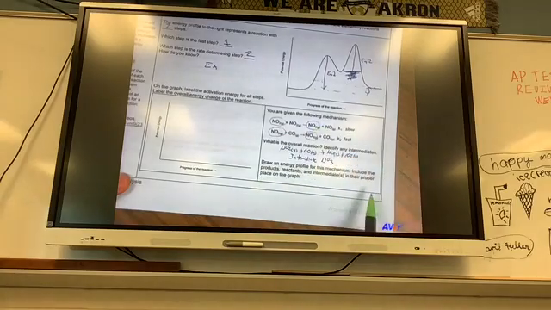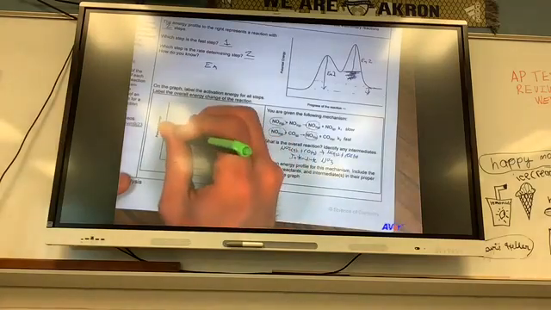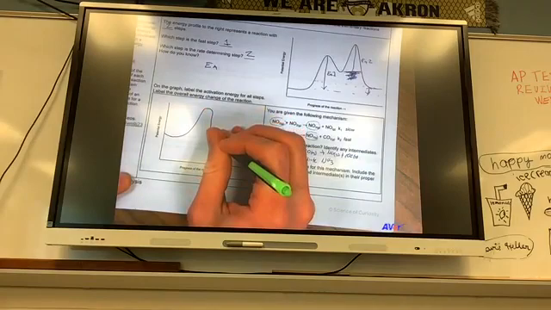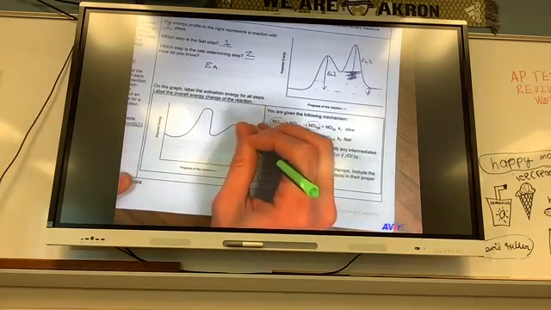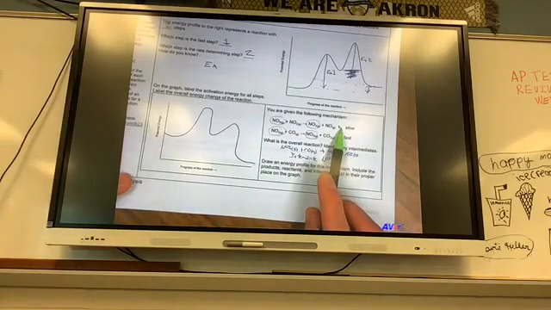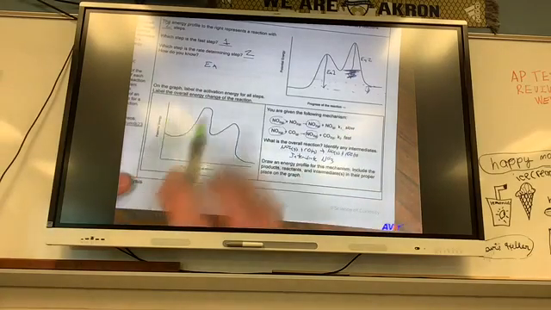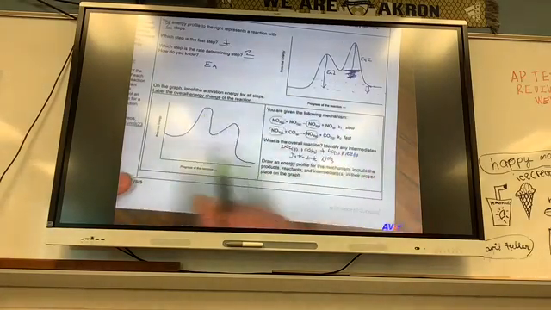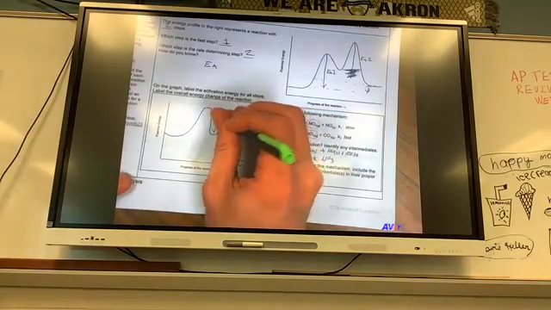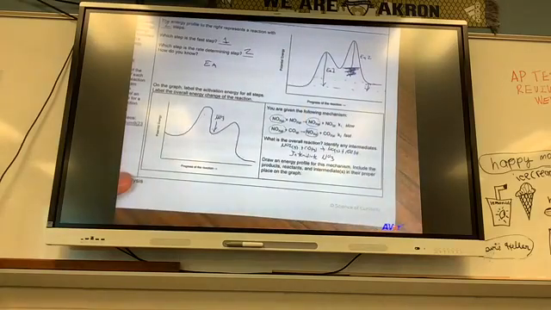Draw an energy profile for this mechanism. Okay. So I have a hump, and a smaller hump down here, because my first step, K1, is my slow step. So it has to be the high one. Right here is where my NO3 would be formed.